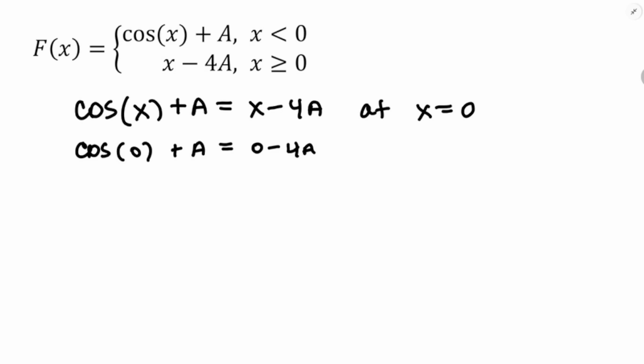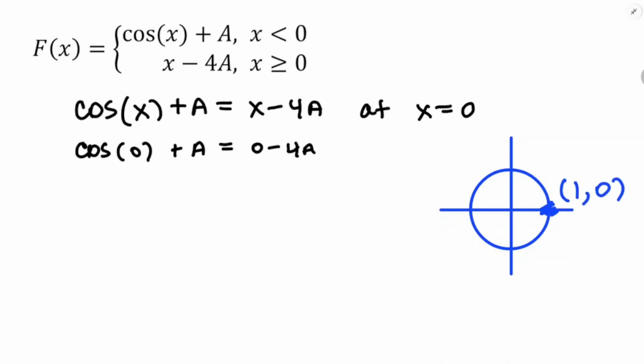All right, so we need to know what cosine of 0 is, so we're going to think about the unit circle. 0 is at the far right edge, cosine is the horizontal distance, this is the farthest over we could be. We could also think about the coordinates of the point on the circle, where cosine is the x-coordinate. It's going to be 1. Okay, I'm going to subtract an a, divide by negative 5.